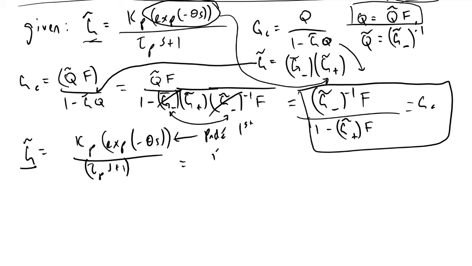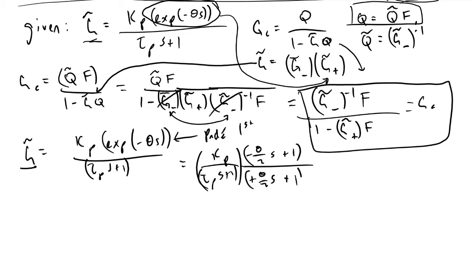And we're going to let this now be equal to Kp over tau p s plus 1 times, and what the Padé approximation tells us is that the exponent of minus theta s is equal to minus theta over 2 s plus 1, over theta over 2 s plus 1. And what we'll note here is this is the stable portion of G tilde.